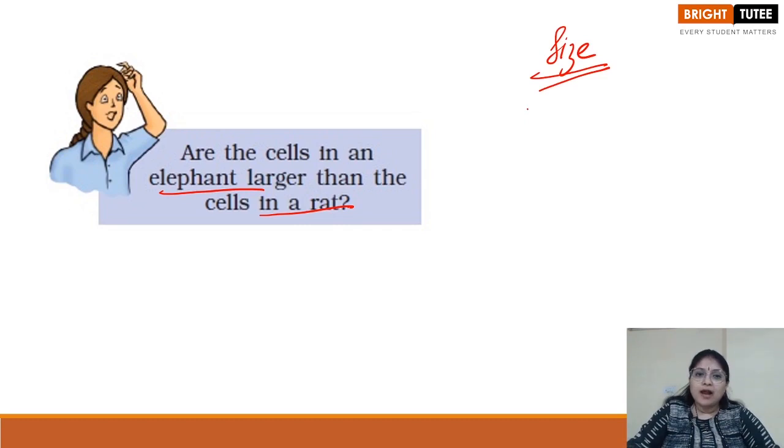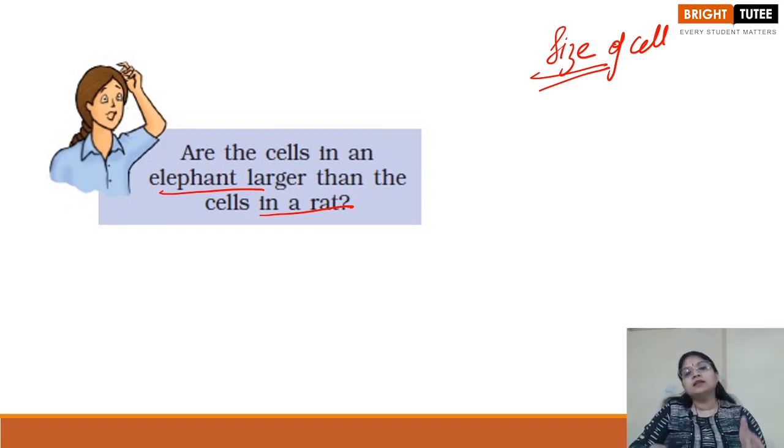If we talk about a rat and an elephant, we know the size difference is huge. So will the size of the rat's nerve cell be smaller than the size of the elephant's nerve cell? This is not the case.